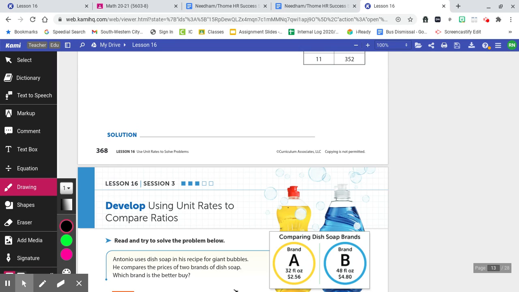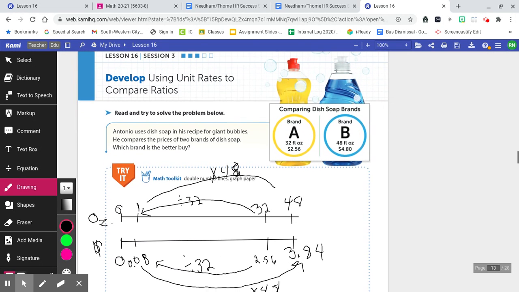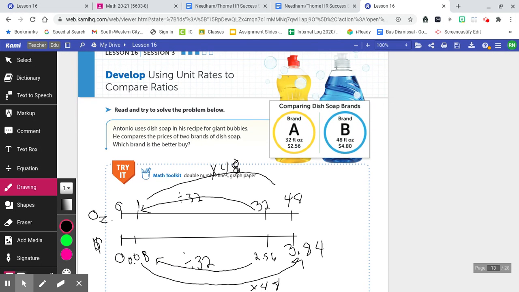All right, let's see how you did. The first example I went ahead and drew because, again, it's hard to do it while I'm talking. And this would be with a double number line. Notice that I have the top line is my ounces, the bottom line is my money. So what I'm doing is I'm bringing my 32 ounces and I want to compare it if it was 48 ounces.